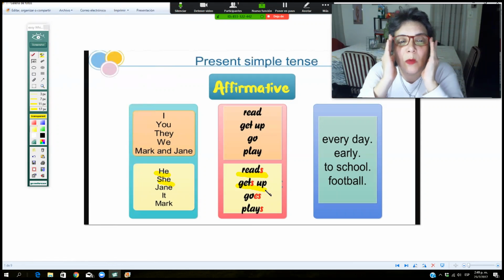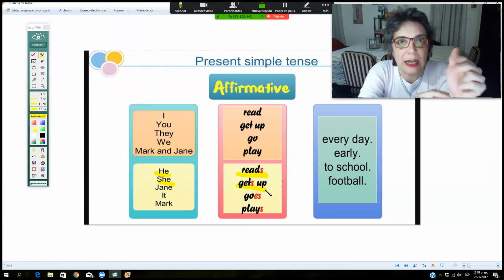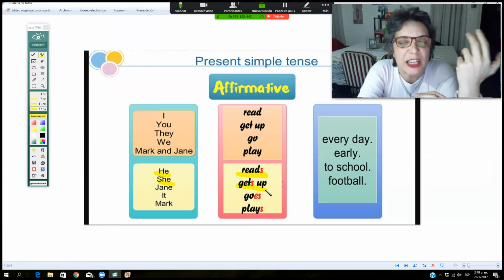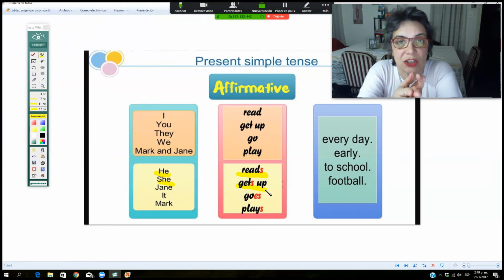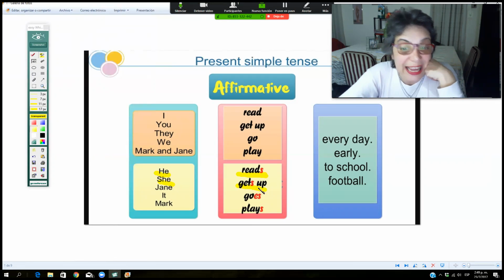But when we mention that there is a third person, a he or a she that performs the action, we don't simply say he read, we have to say he reads. He gets up. Jane in this case is a she, so we say she gets up.